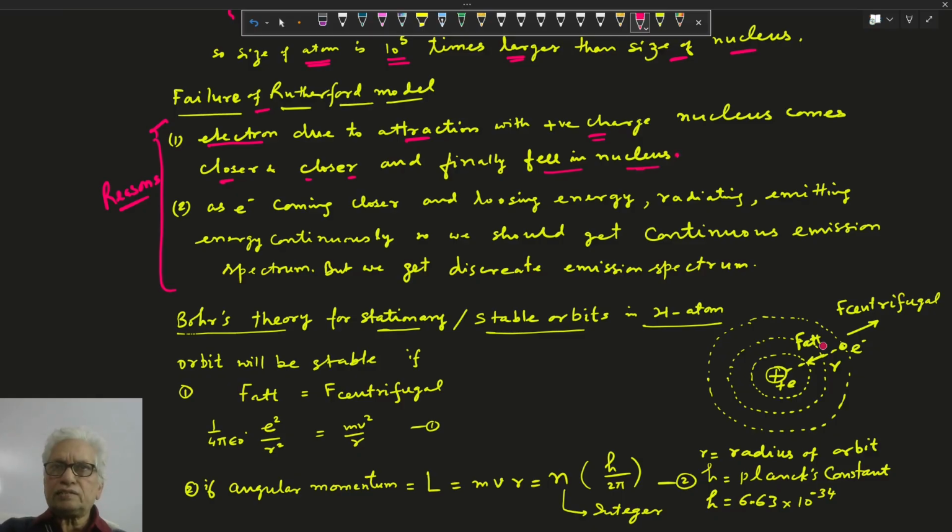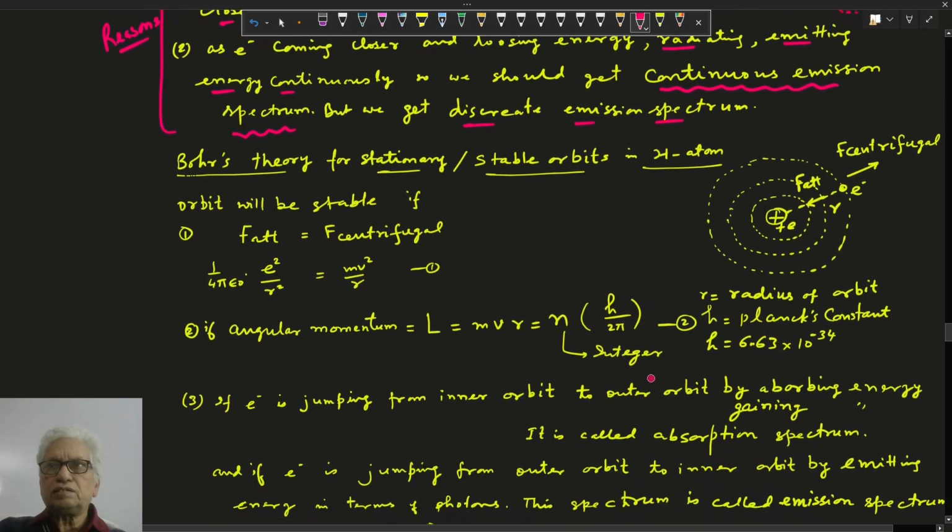Secondly, as per the Rutherford model, the electron comes closer and closer like this, emitting energy and finally falling into the nucleus, which is not possible, because it is continuously radiating energy, so we must get a continuous emission spectrum. But practically we find a discrete emission spectrum. So this is also wrong. So there are two reasons why we take the Rutherford model as a failed model.